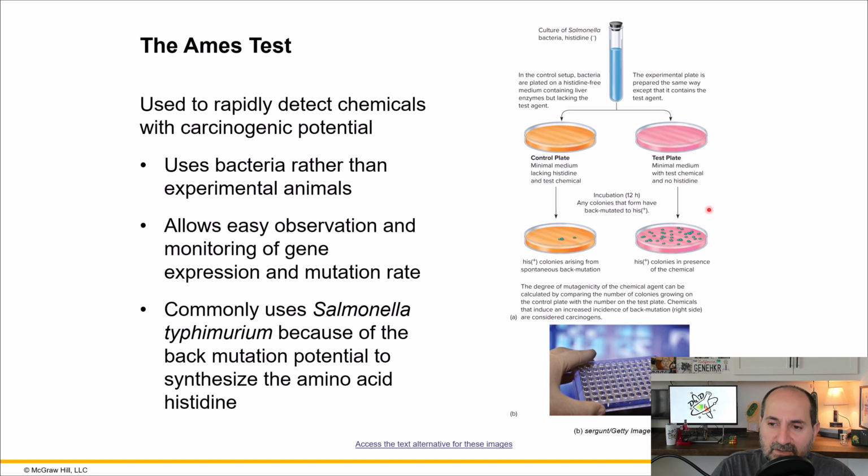So if there's a difference in the number of colonies on the second plate, then that shows that this is a mutagen that you're dealing with. If both of these plates have very few and comparable numbers of colonies, then it's not a mutagen. So the Ames test is a very interesting test which can screen for mutagens.